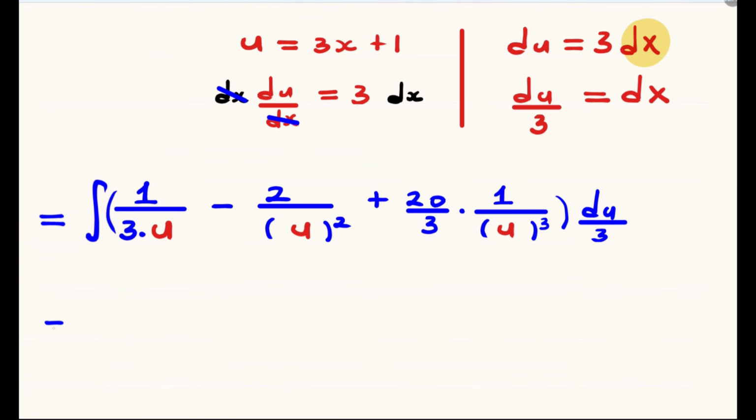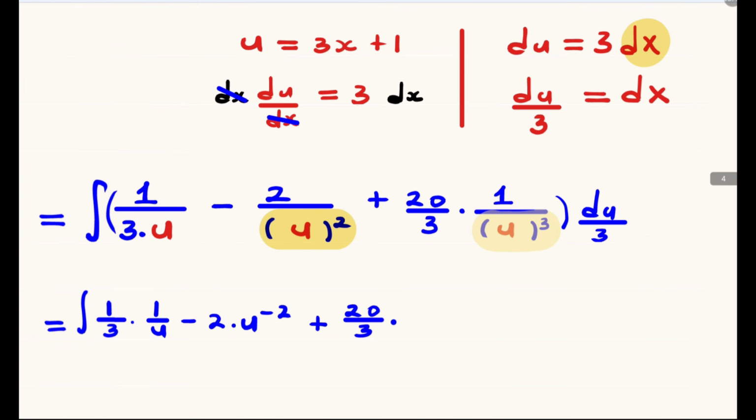We can rearrange before we integrate. So we have the integral of 1 divided by 3 multiplied by 1 divided by u, minus 2 multiplied by u squared, which we move from the denominator to the numerator, and the exponent changes sign to negative 2, plus 20 divided by 3 times u to the power 3, which we move from the denominator to the numerator, and the exponent changes sign to negative 3.